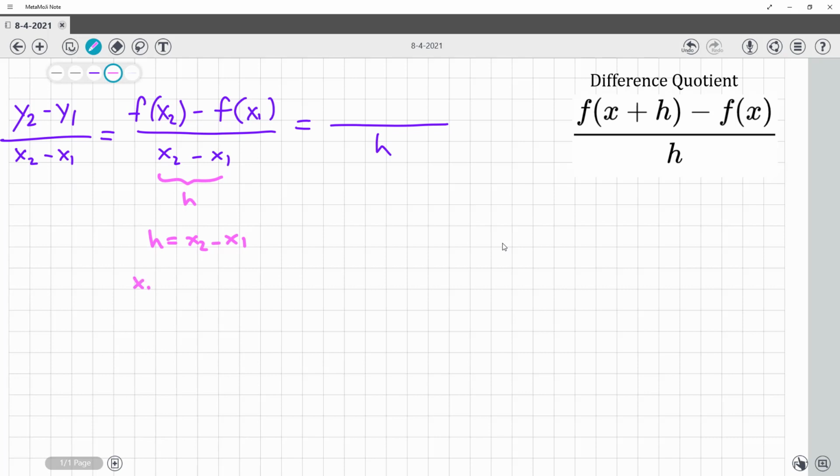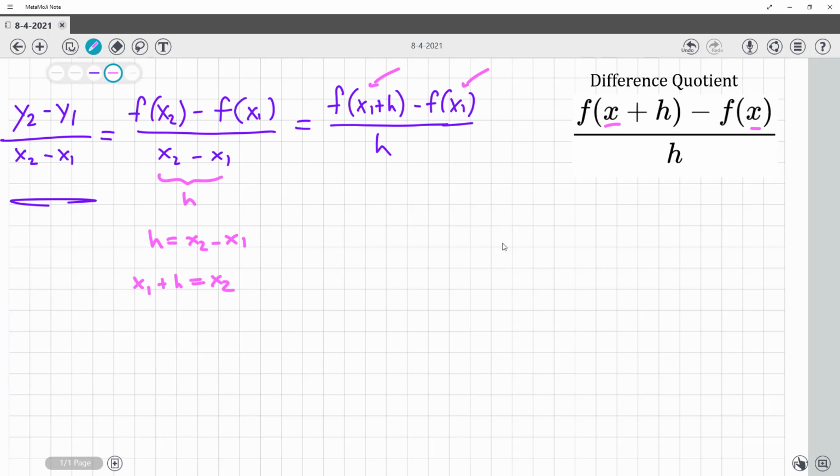So I can move the x1 to the other side, and I get x2. So what I've done now is I've made this formula for the slope with only one value of x, and hence what you see over here. Pretty exciting, huh? So, sometimes it's kind of cool to see how this stuff originates.